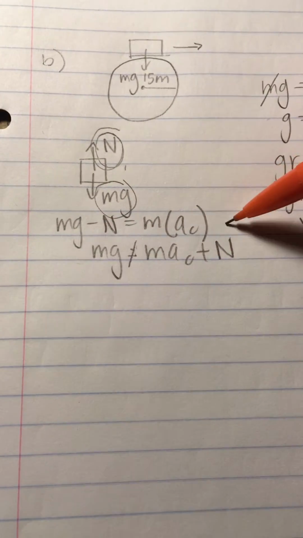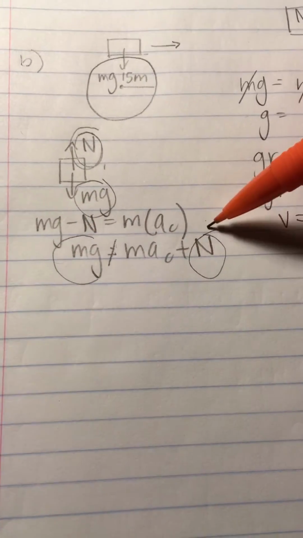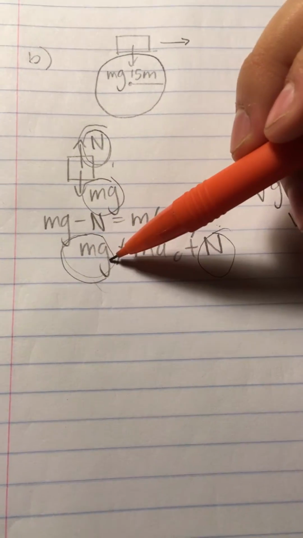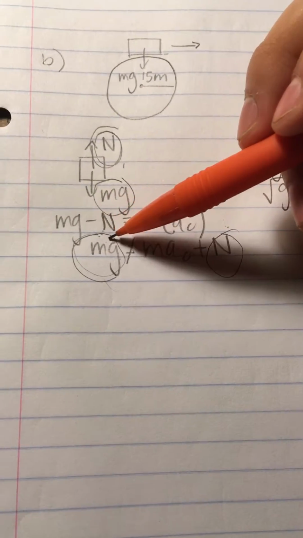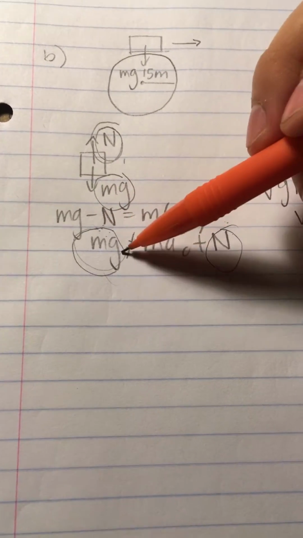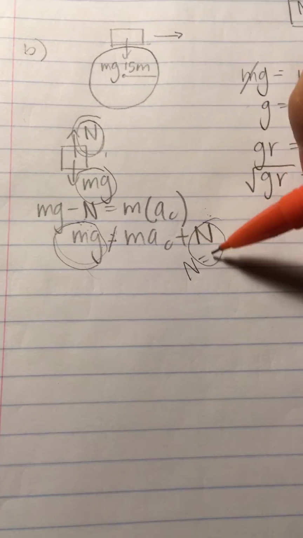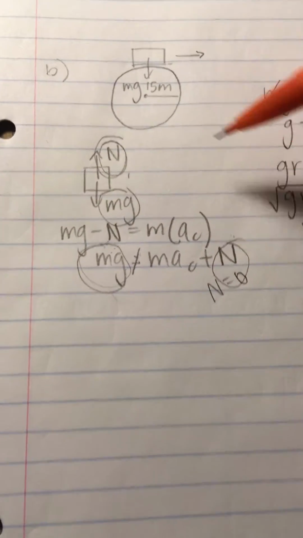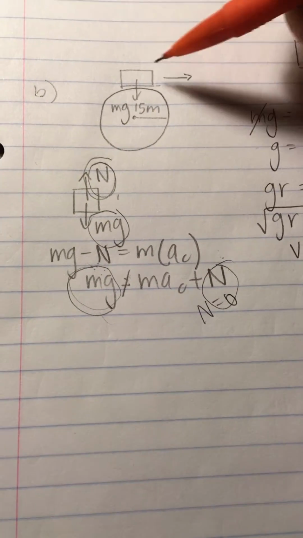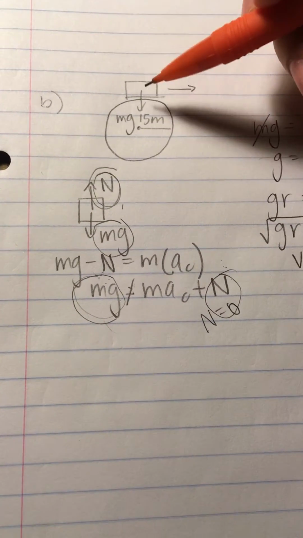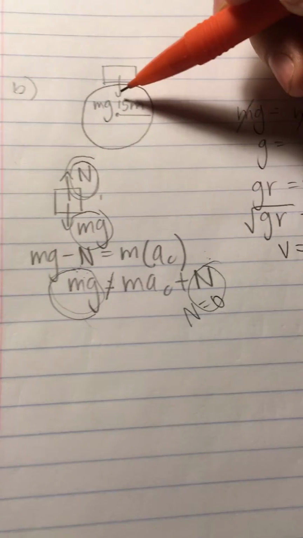But if you move it to the other side, you figure out that the larger the normal force is, the smaller your weight term is going to be. So if you want the gravitational force to be the largest, N would be 0. For the maximum speed of the vehicle, we don't have any normal force pushing up, just this force down.